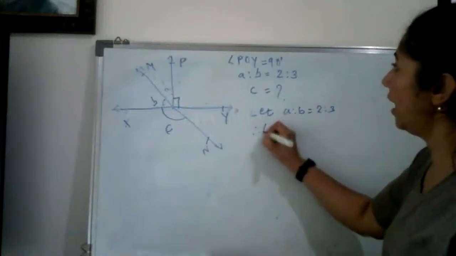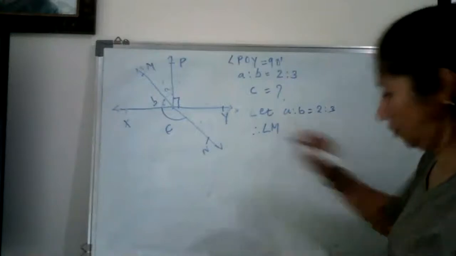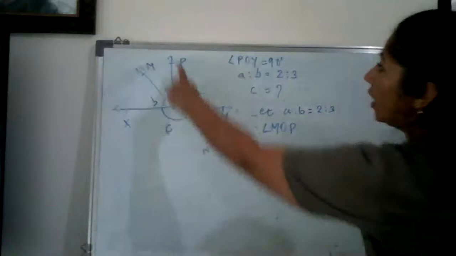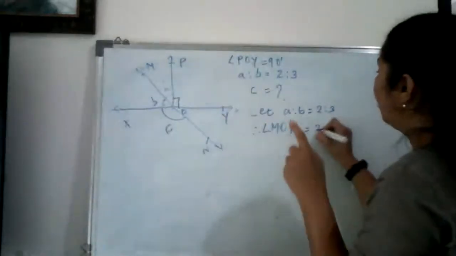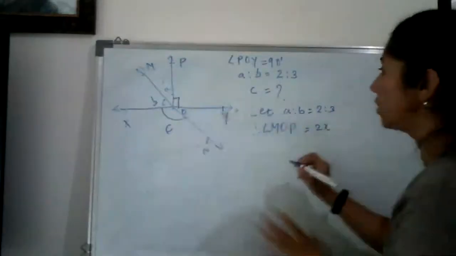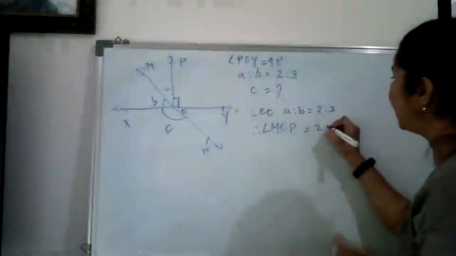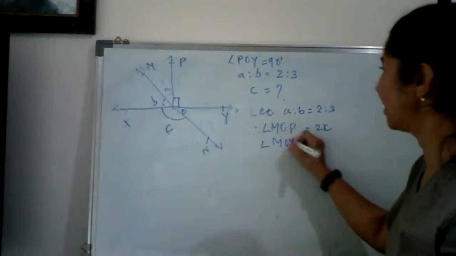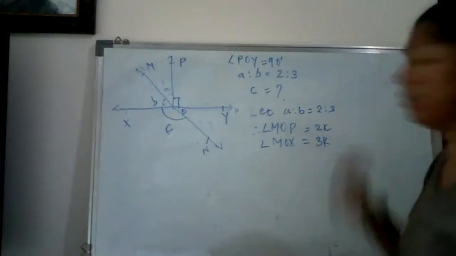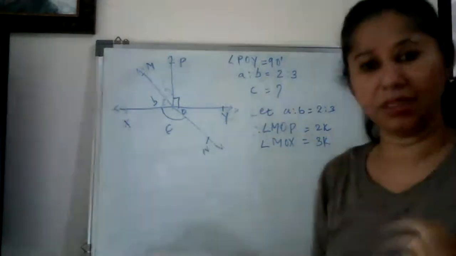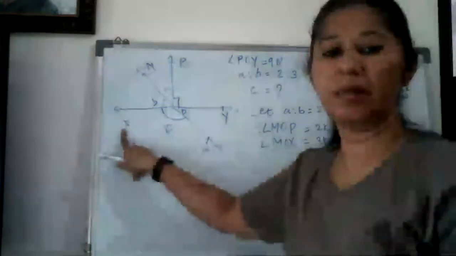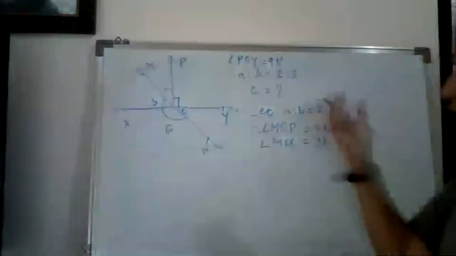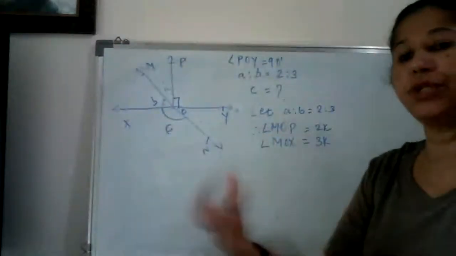So therefore, let angle MOP, जो कितना है MOP आपका A है, B 2x, यहाँ पे x का use हुआ है already है. So let me take something, say 2k, and angle MOX, इसको मैं लेती हूँ 3k. ठीक है, some variable जैसे हम x लेते हैं यहाँ पे, but here capital X is already there, so I'm going with a bit different alphabet so that you don't get confused.